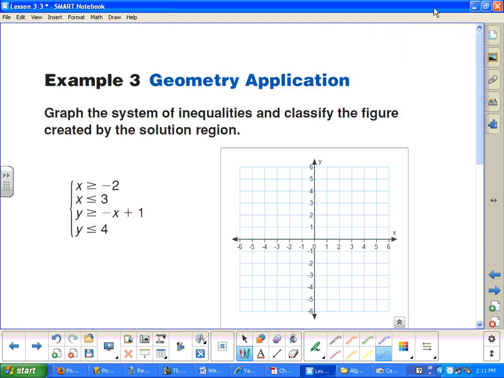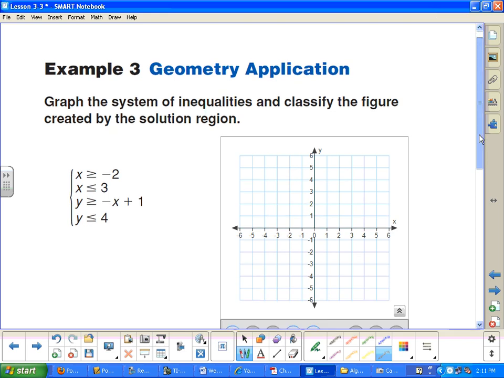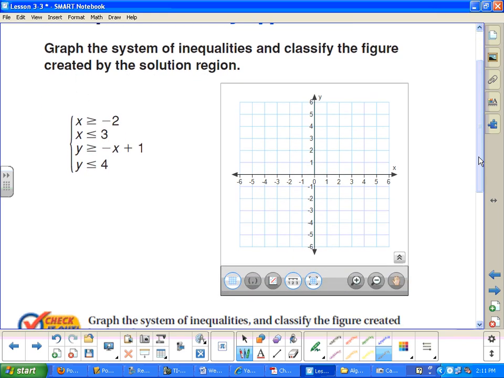So if I have more than 2, then the lines I draw have to be exact for 1. And then I have to be careful where I shade. So we've got x is greater than or equal to negative 2, and the one advantage I have up here is that I can change the colors of my lines, and so I can shade using those colors, and then when we put them all together, we get something that looks kind of gross sometimes.